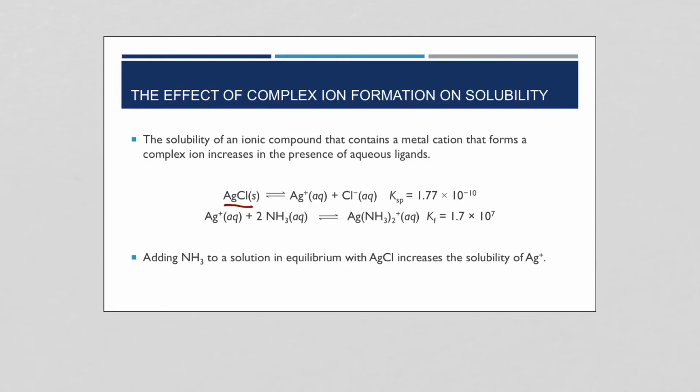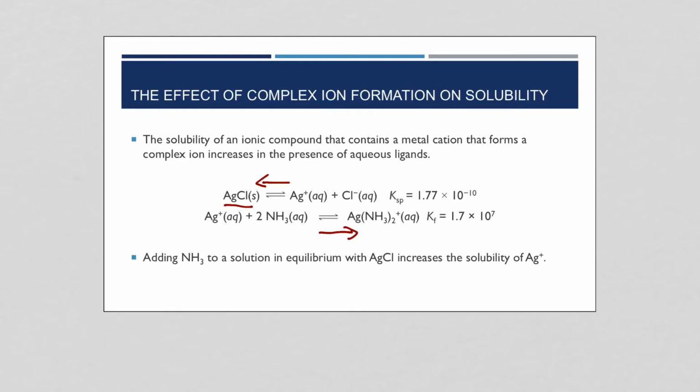Now, however, if we look at the formation equilibrium of silver ions with ammonia, this is a very positive equilibrium, 1.7 times 10 to the 7. So this is very product favored. So while this equilibrium is reactant favored, this one is quite product favored.